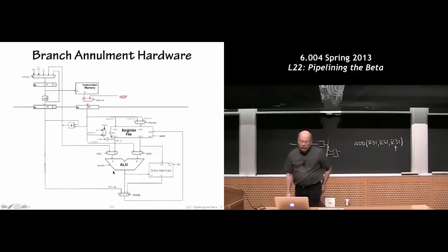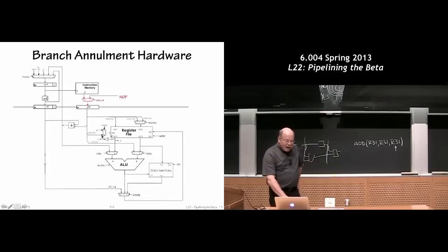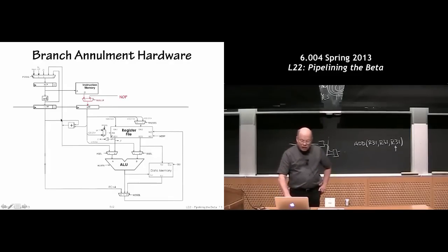That's alternative one. And it's executed very simply in the hardware. If we choose to annul an instruction, down here we're doing the branch offset calculation, looking at the output of this NOR gate, we do want to change the program counter to actually jump to the branch destination.